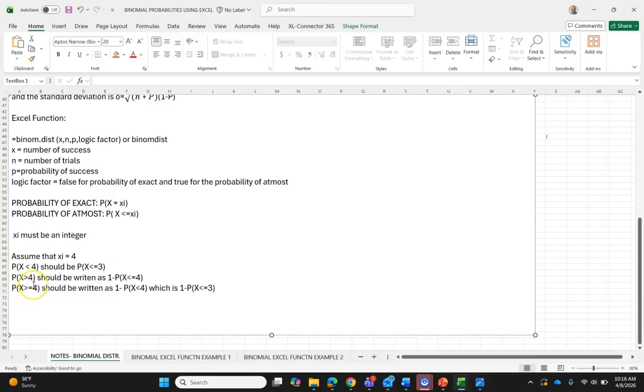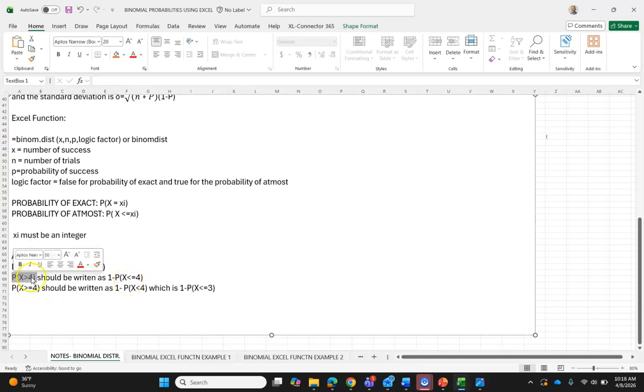Now let's say you are asked to find probability of x such that x is greater than 4. That is not the probability of at most. It is the probability of greater than. So we need to transform this to probability of at most. We'll use the same principle that we used in our complementary rule, so we'll take 1 minus probability of x.